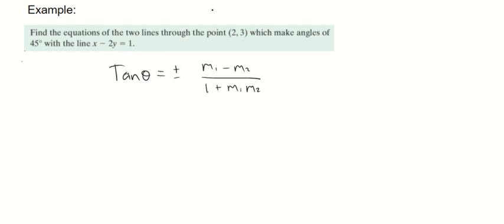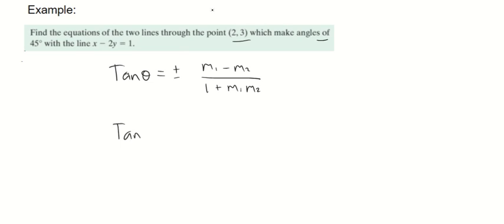So it tells us that it makes an angle of 45. So we have to find the equation of the two lines through that point 2, 3, which make angles of 45 degrees with the other line.